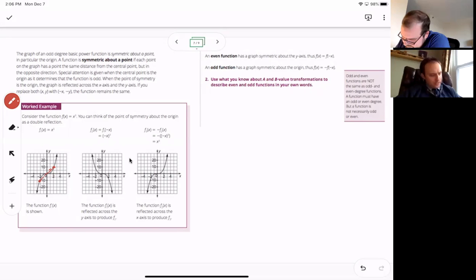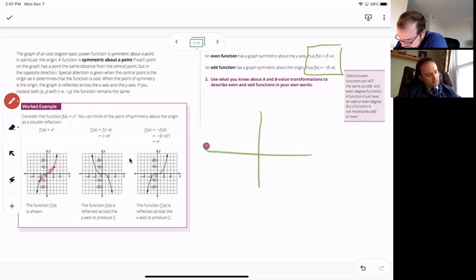And what this is up here is saying is kind of their conclusion of what's going on. An even function has a graph symmetric about the y-axis: f of x equals f of negative x. So an even function looks like this. You'll notice that if I plug in a negative x, I get the same value as the positive.